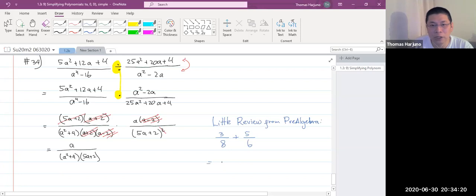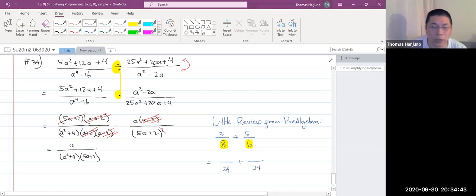I have two fractions that I need to add, so I need to first find the LCD, the least common denominator. Now, what is the least common denominator of 8 and 6? You know that should be 24, right?